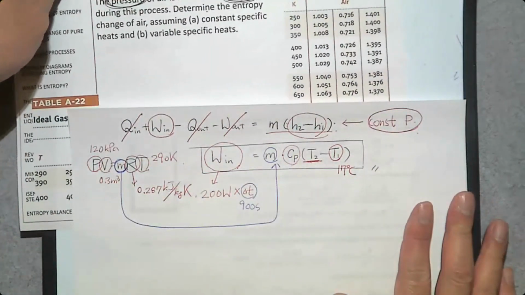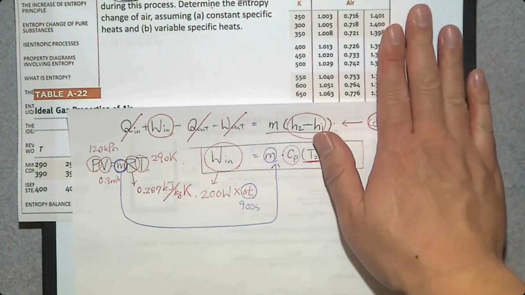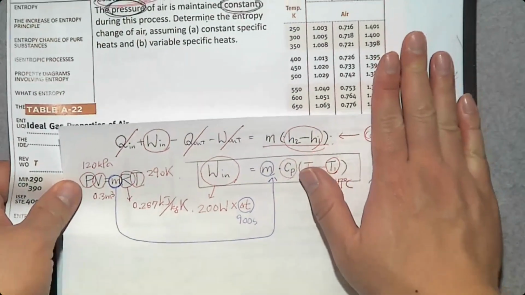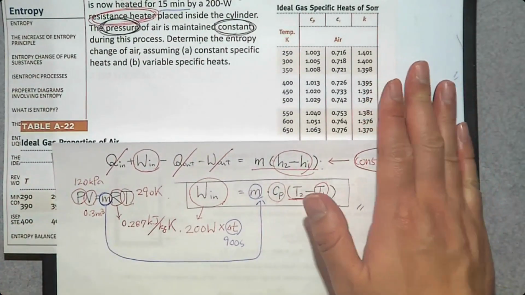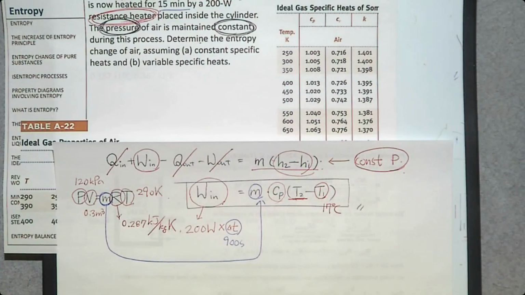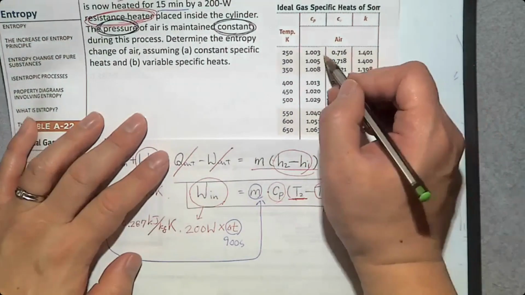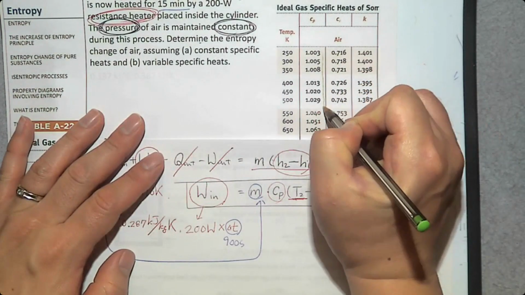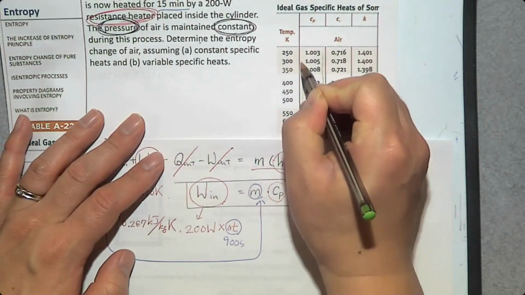What is Cp? Cp of air is available in this table, table A20. So which one? If you look at the table, we have so many values here. So which one are we going to use?